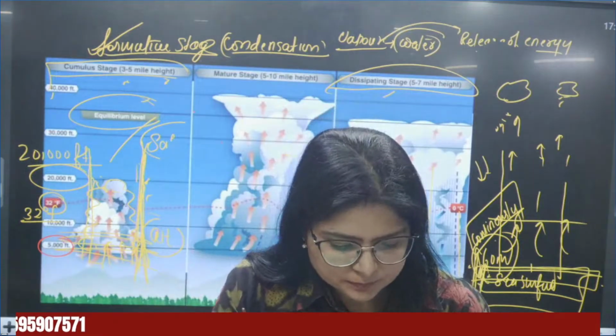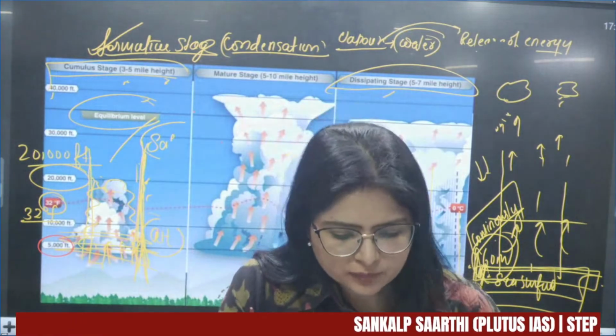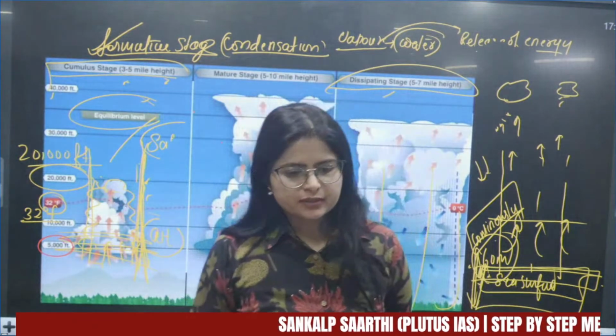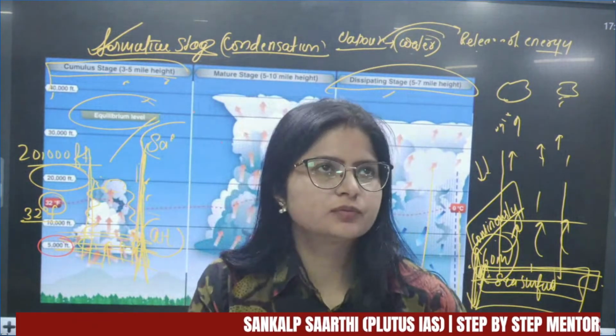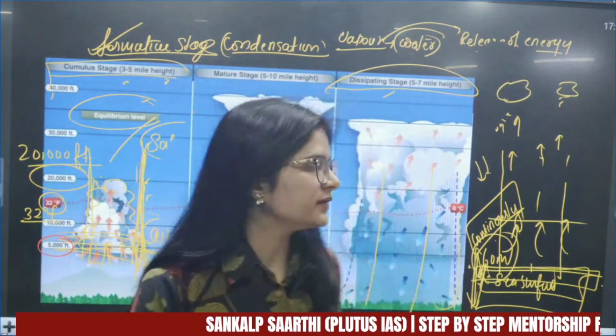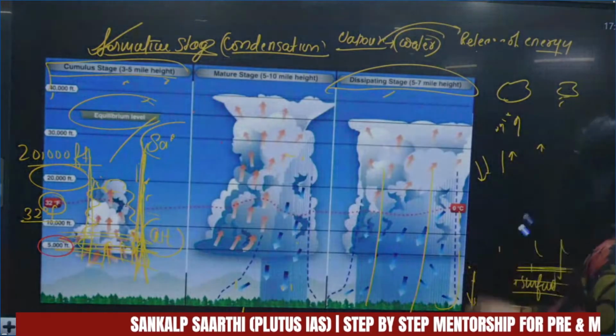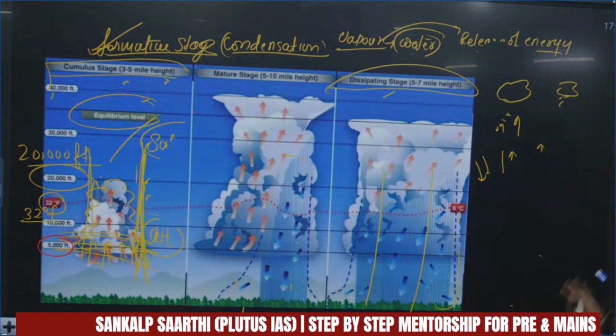Therefore, write down the conditions required to weaken a storm are as follows. First, decrease in moisture feed. कहाँ से moisture feed आपका कम करना है? Warm sea surface से. Decrease in moisture feed from warm sea surface.